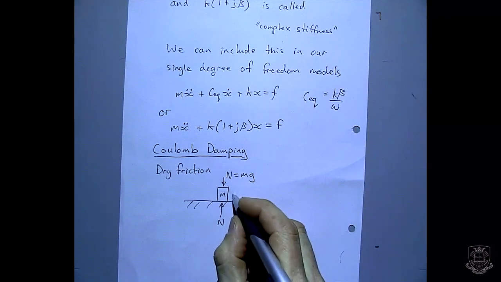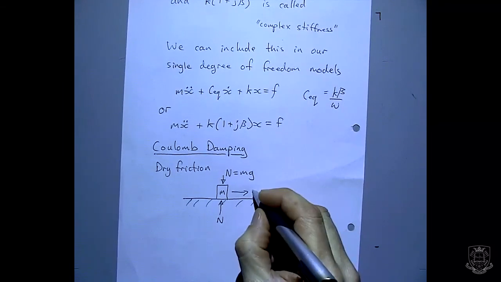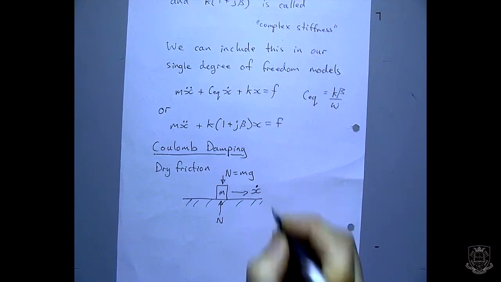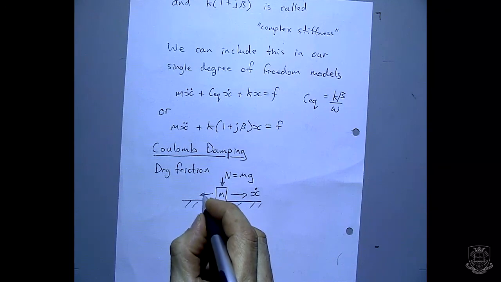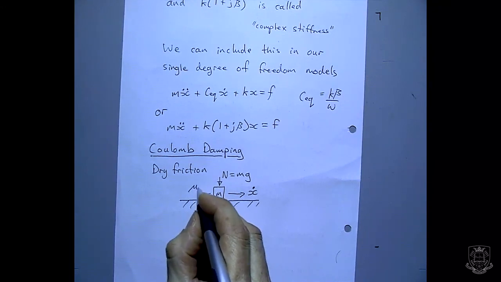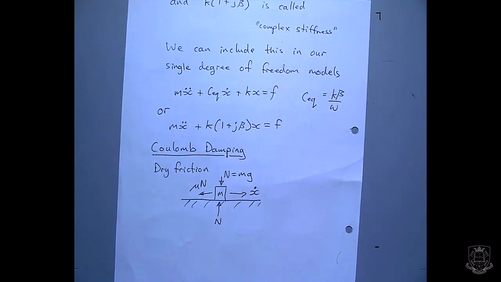So if we try and slide this block along the surface with a velocity x dot, okay, so if we try and push it, then it resists the motion with a friction force mu times n. Which is the normal way that this is written. So mu is a special parameter. It's called the coefficient of friction.